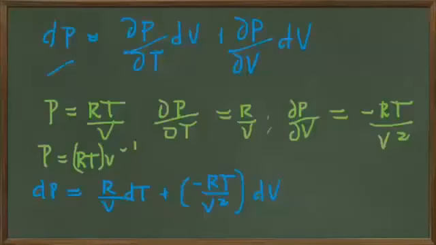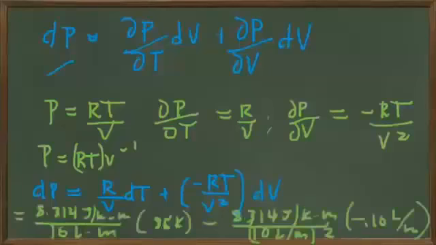And then we can just plug in all of the known quantities. So R was 8.314, and we get this. So just going through what we're plugging in, here's R, 8.314 joules per Kelvin mole.